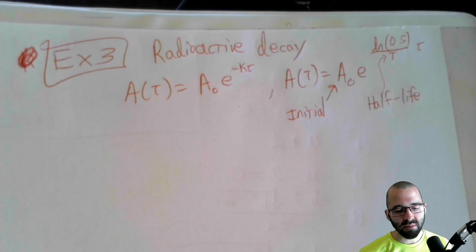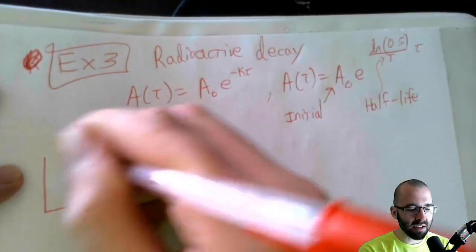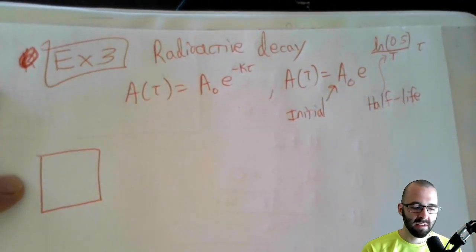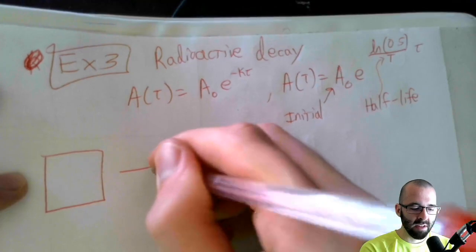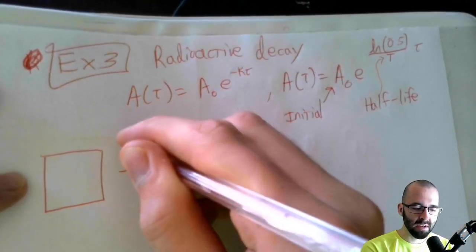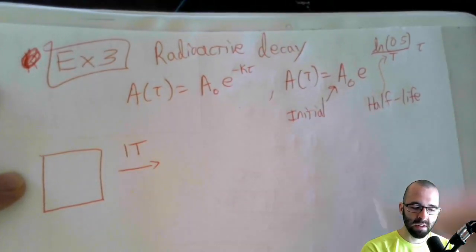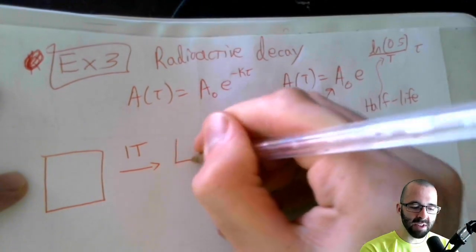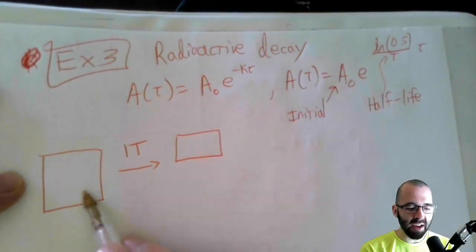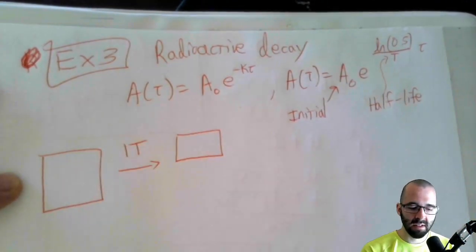All right. So when we have radioactive decay, a half-life just means how long does it take for half of the substance to decay. So let's say that we're looking at a box full of material. Then after one half-life, we have half of that material left. Half of it decays.